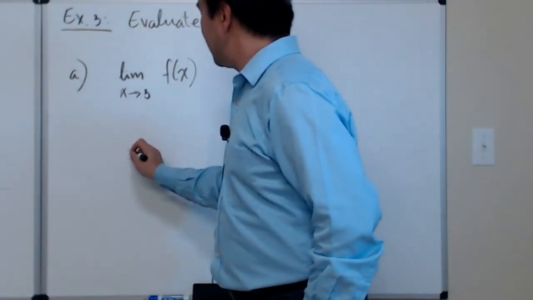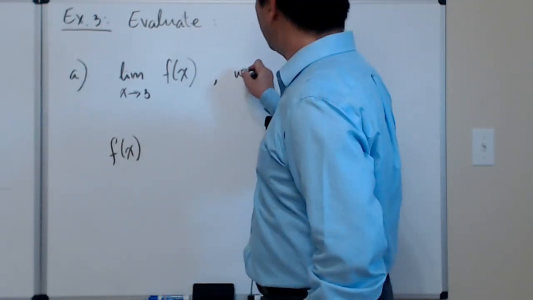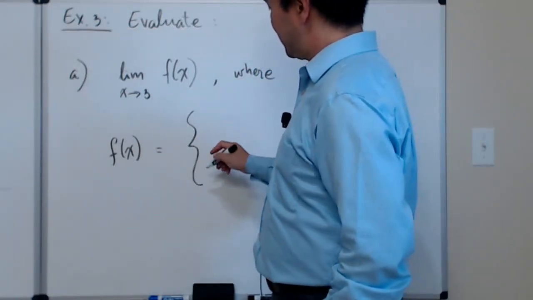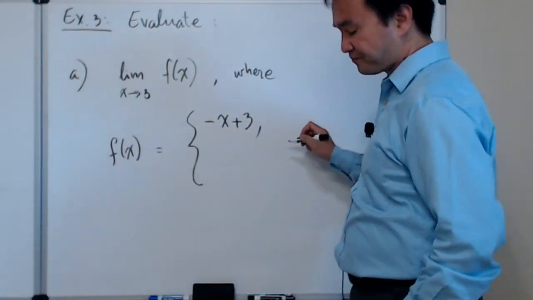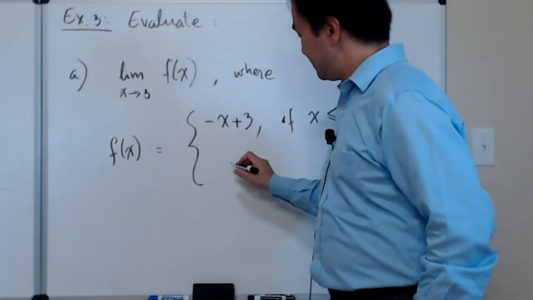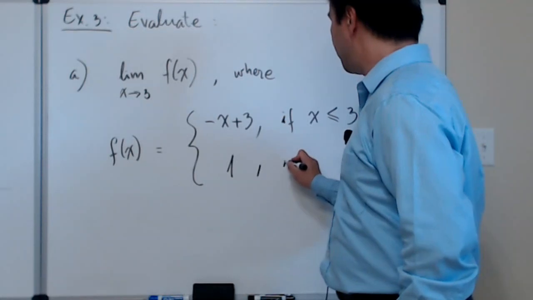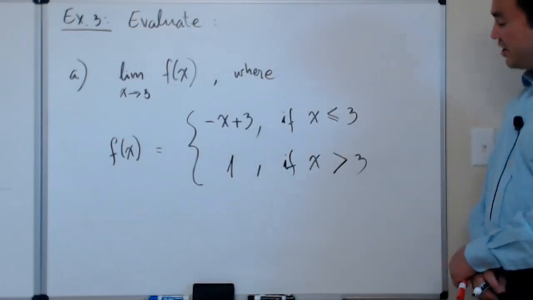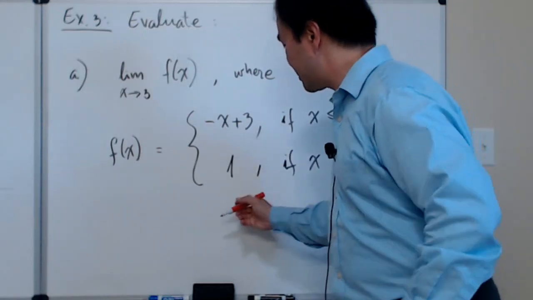Okay, but then our function is given as follows. We want to find the limit, but here's how we define our function. Our function is, on one hand, minus x plus 3 if x is less than or equal to 3, and on the other hand, it is going to equal 1 as a constant value if x is greater than 3. Yes, ladies and gentlemen, this is a piecewise function. In case you need a reminder, your function is broken into pieces.